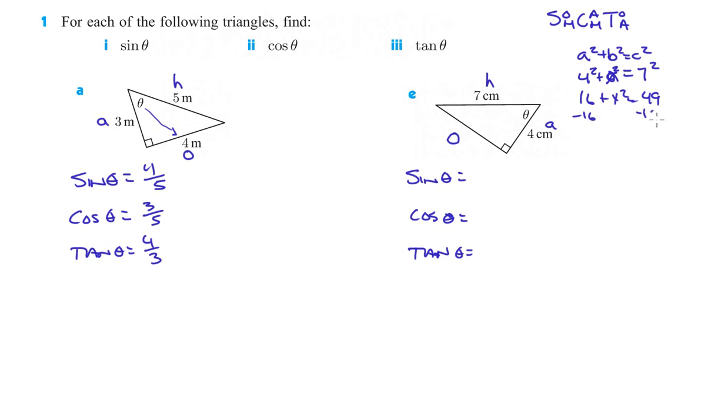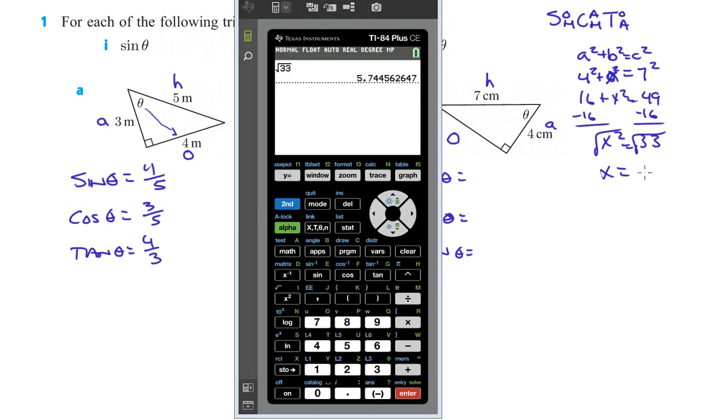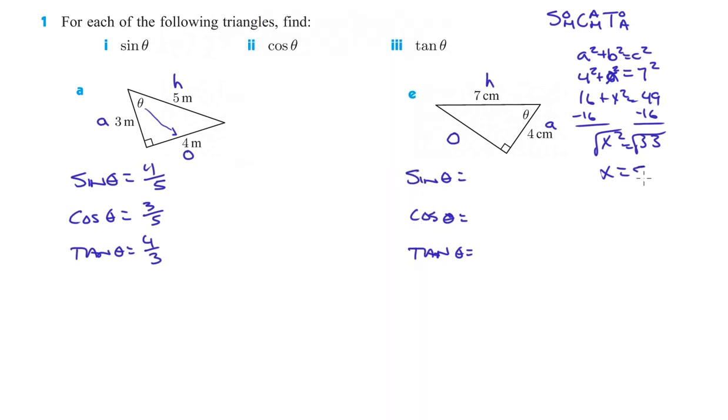Subtract 16 from both sides, and we get x squared equals 33. Square root both of those, and we get x equals 5.74. We could even just do 5.7, that's fine.